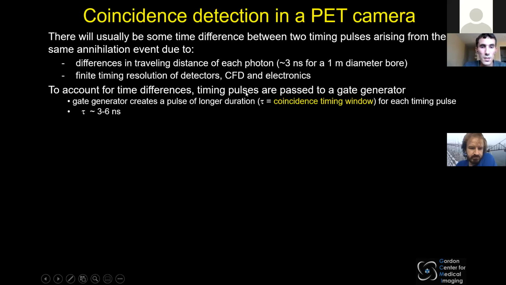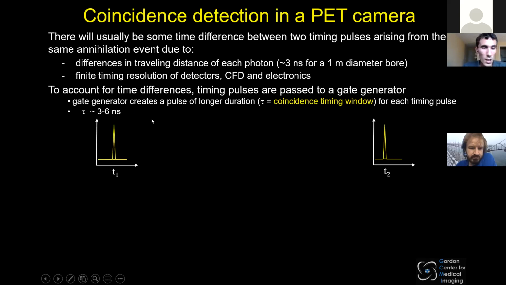It is basically just going to create a pulse of longer duration that incorporates these potential sources of difference for each one of those timing pulses. The pulse has a duration called tau. This is called the coincidence timing window of the PET scanner, and that's typically 3 to 6 nanoseconds.